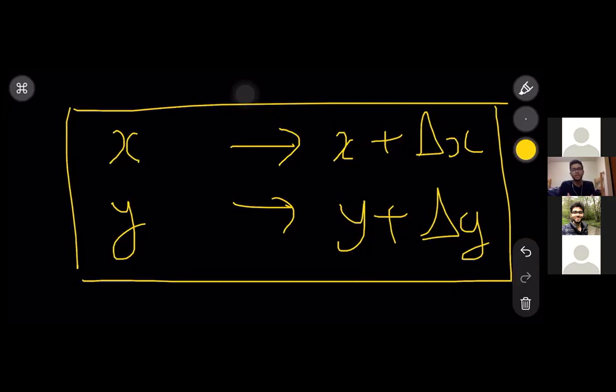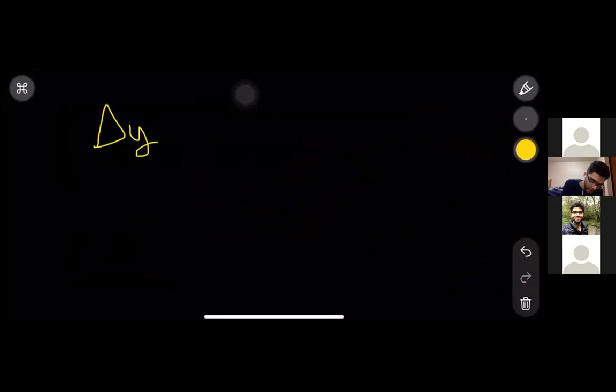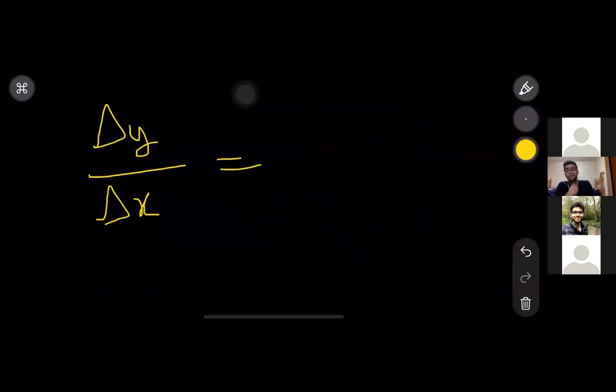But if we want to take a general situation where x changes to x plus delta x, y changes to y plus delta y, and we want to see what will be the notion of a slope for this situation. And we will use the formula that we just derived. It's delta y over delta x. So the first thing we will do is the slope, no matter what the equation is, should be delta y over delta x. Now, in this case, what is our delta y?